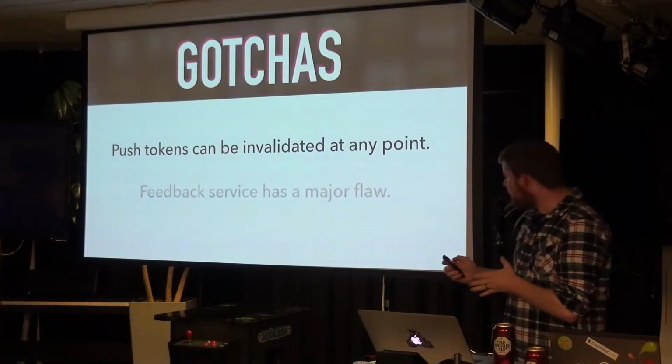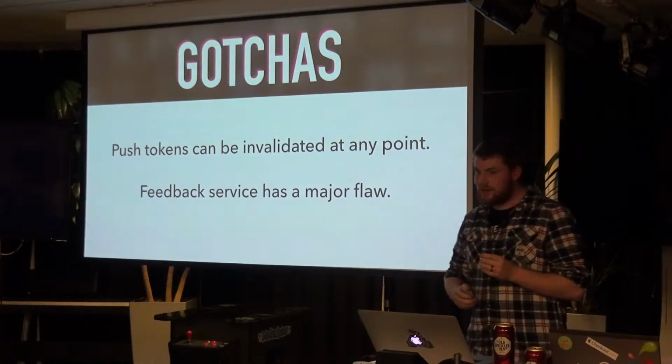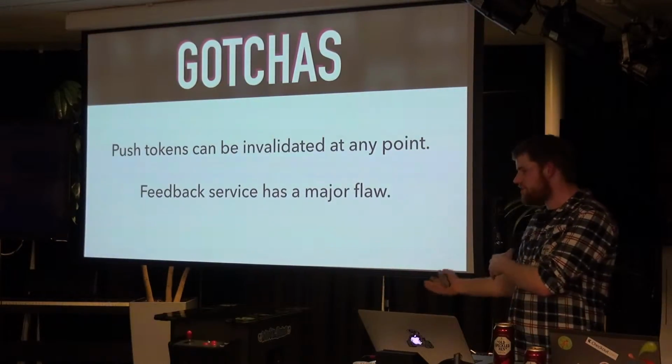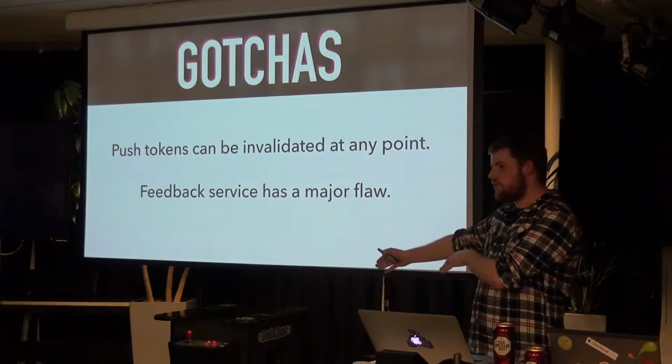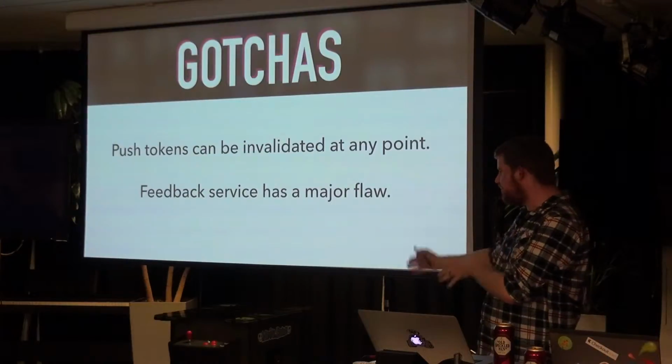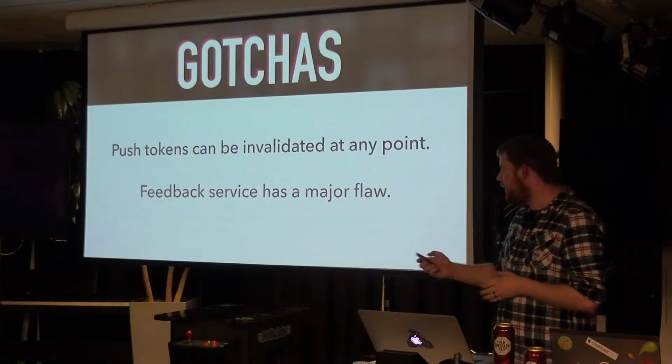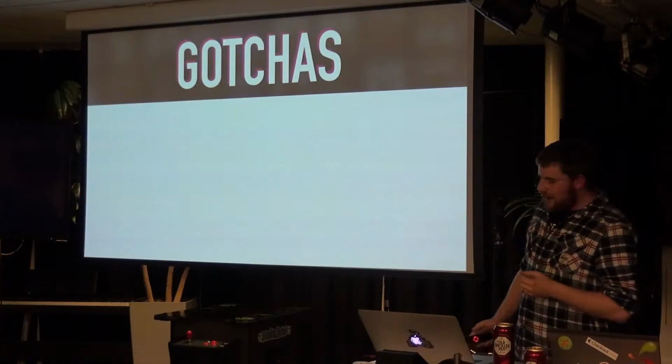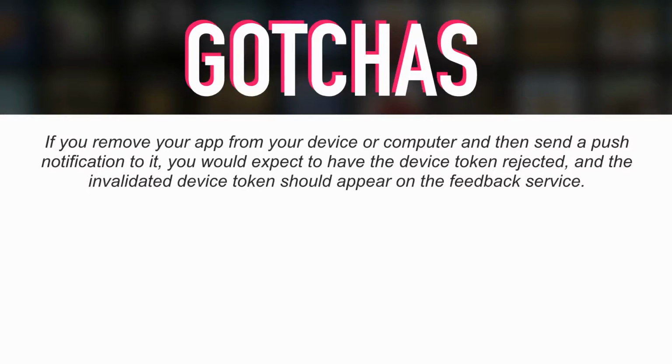The second thing is that the Apple feedback service, the thing that actually tells you this token is no longer valid, has a major flaw. So this is a point of failure that you can't rely on. And to take a quote from the Apple website, if you remove the app from your device or computer, then send a push notification to it, you'd expect to have that device token rejected and invalidated, and it should appear in the feedback service.